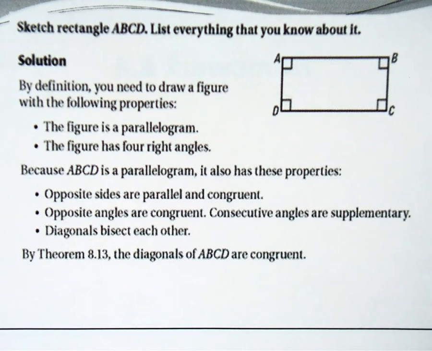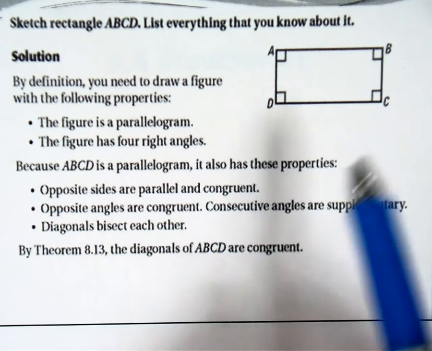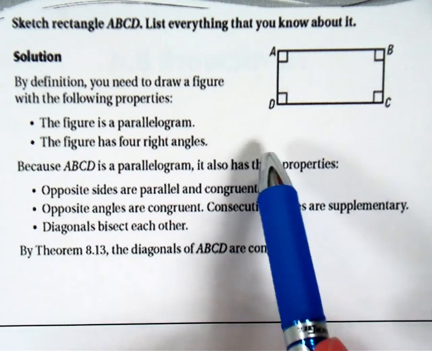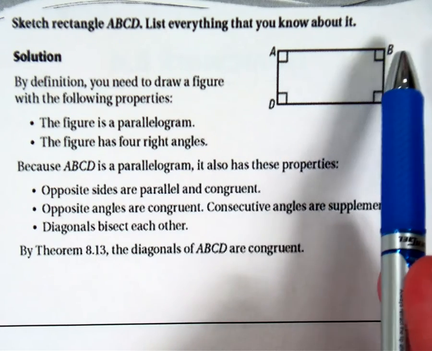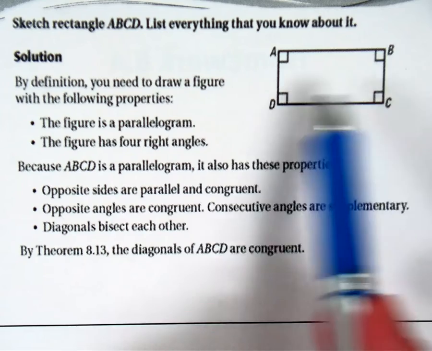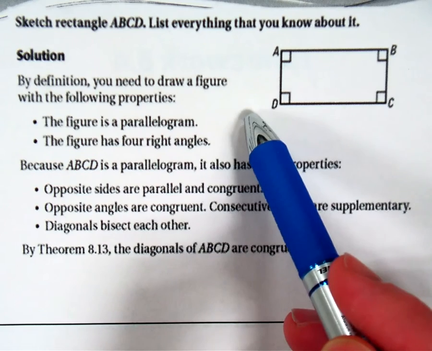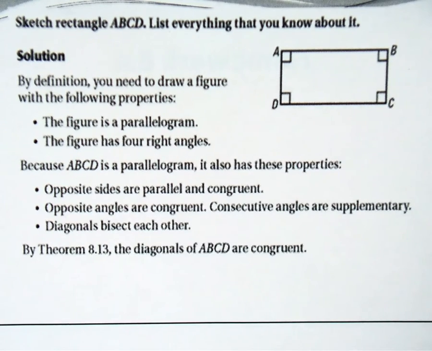Because it's a parallelogram, it also has these properties. Opposite sides are parallel. Opposite sides have to be congruent. And the diagonals will bisect each other. And with a rectangle, we said that we know the diagonals are congruent. So when they bisect each other, the pieces would be congruent.